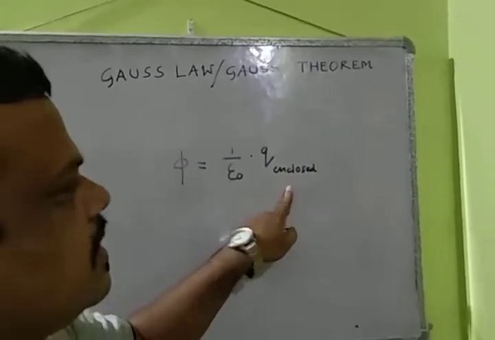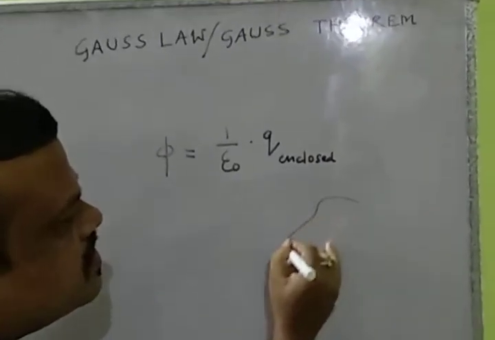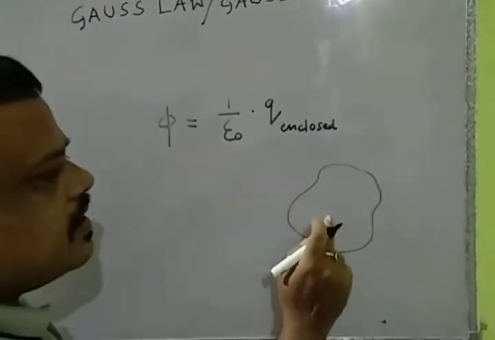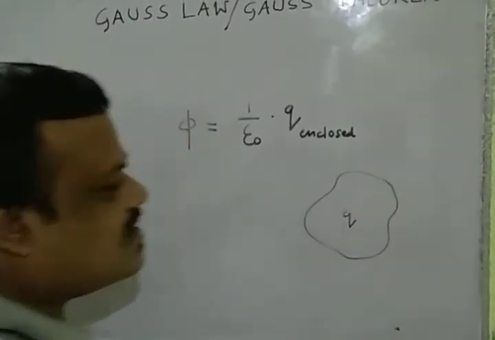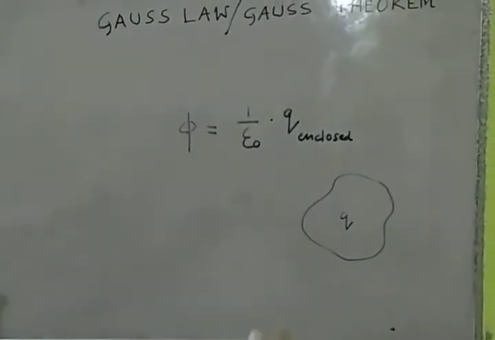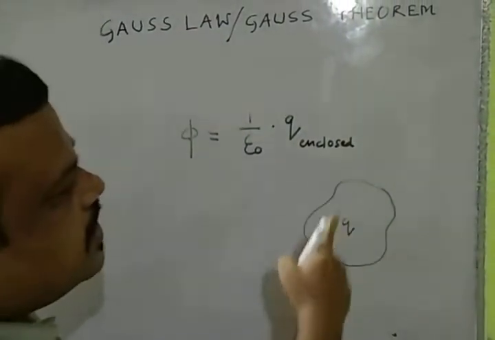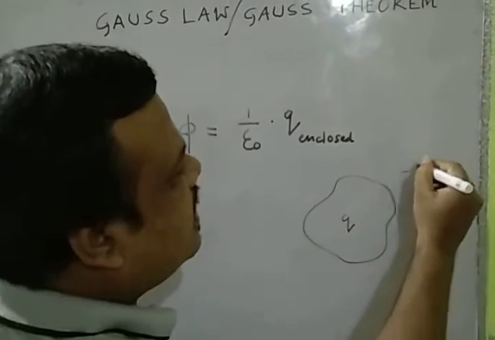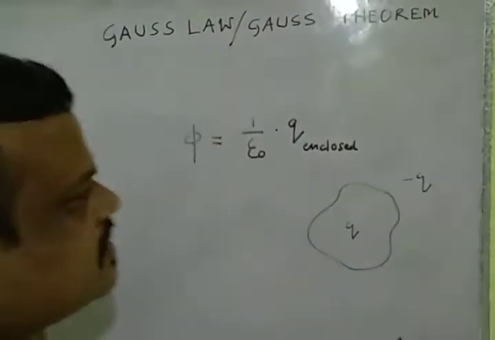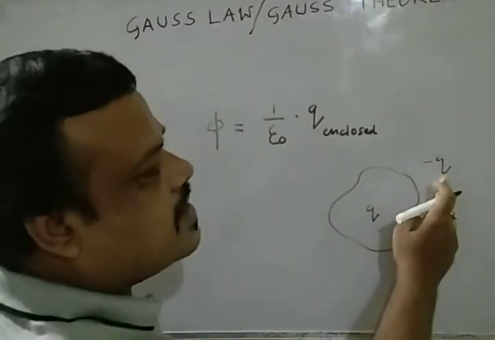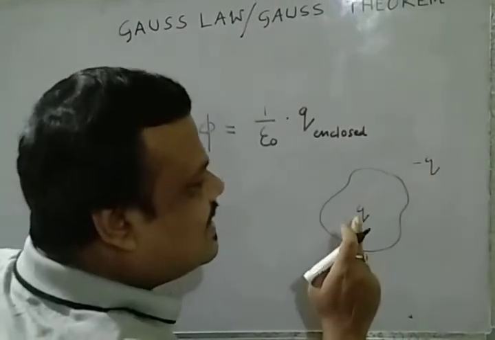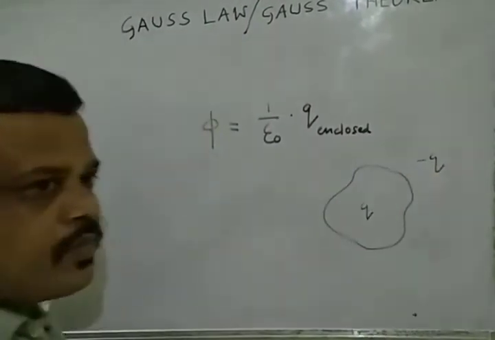Enclosed charge means, suppose there is a surface, and if this surface has a charge q inside, this is q enclosed. If there is a charge minus q outside the Gaussian surface, according to Gauss theorem, the outside charge is not considered, only the charge inside the surface is considered.